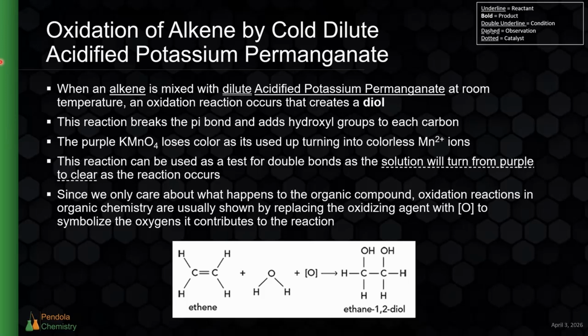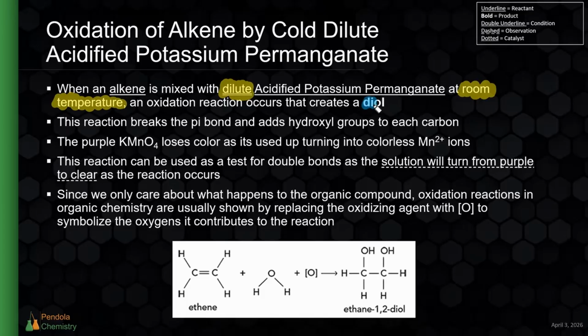But in this case, we have the conditions that are going to affect our outcome. If we react the alkene with dilute acidified potassium permanganate at room temperature, what we are going to get out of this reaction is a diol.